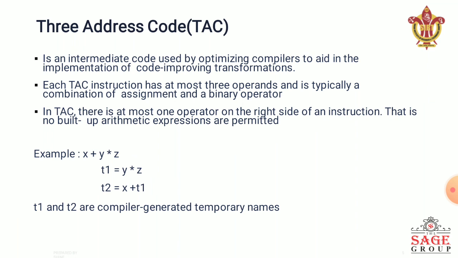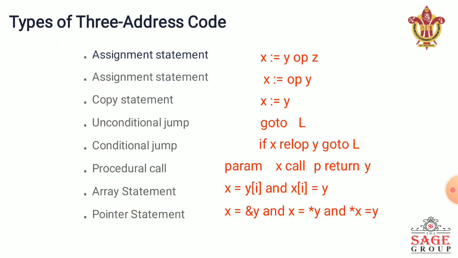So firstly, the multiplication is solved, and we store y multiplied by z in a temporary variable t1. Now we represent the addition, x plus y into z, and y into z is already stored in t1. So x plus t1 is stored in another temporary variable t2. So t1 and t2 are compiler generated temporary names or temporary variables.